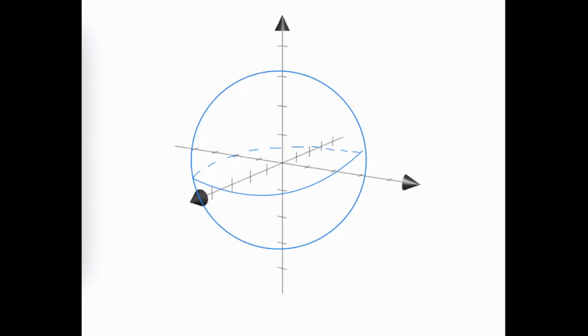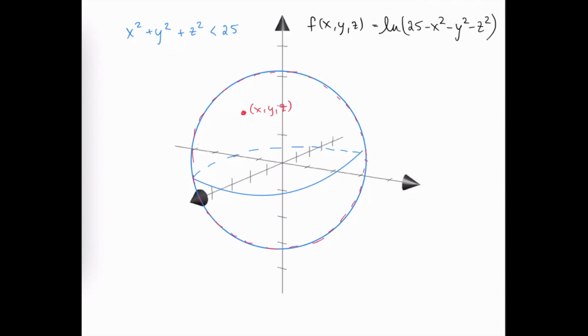So let's take a look at this 3D domain, which is the set of ordered triples that are inside the sphere but not on the outer shell. And we want to determine who are the ordered triples that cause the output of this function to be the largest and the smallest. Well, that's going to be who causes the argument of this logarithm to be the largest and the smallest.